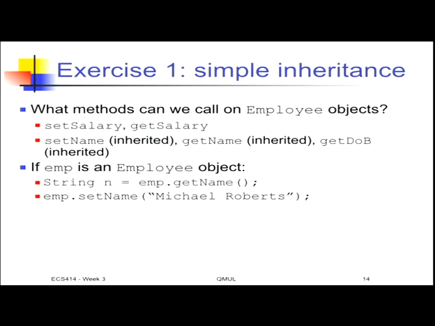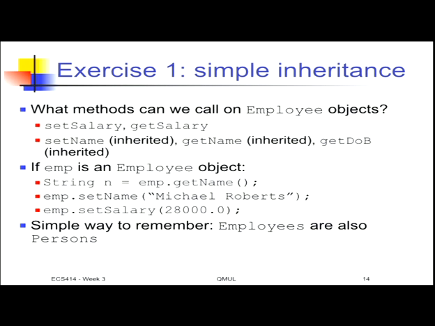Again, emp is of type Employee, a subclass of Person, and setName is a public method in Person, so that is fine. It's inherited by Employee. So all this will work fine in Java. All methods that we have in the superclass, we can always call in the subclass. And again, the simple way to remember is that employees are persons, and so whatever holds for a person holds for an employee.